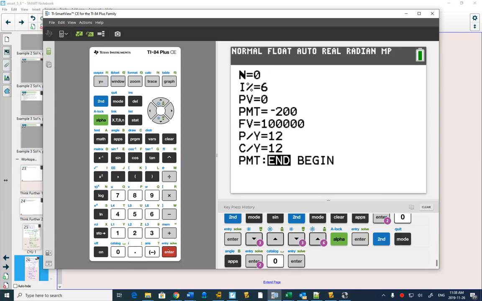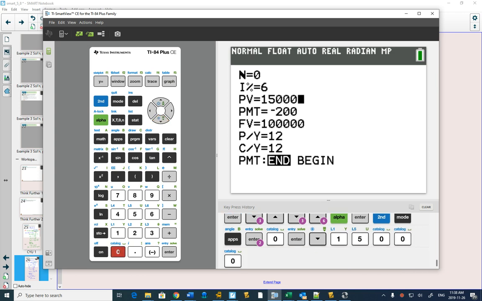so I'll just put that as 0 right now. Interest rate was 6%. The present value, they're giving you the car. They're giving you something that they say is worth $15,000. So the present value is a positive number because you're getting that $15,000. Your payments are going to be a negative $300, and in the future, you don't want to owe any money anymore.